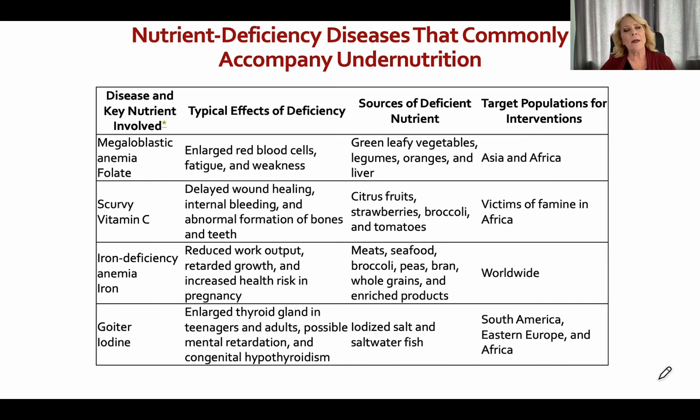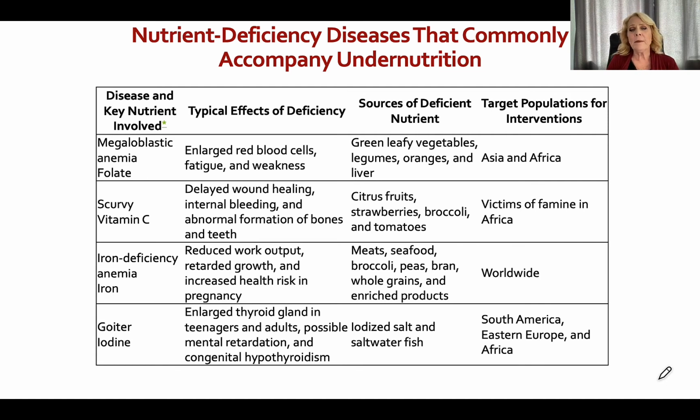And anything that is going to be affected by connective tissue growth is affected by vitamin C. So low vitamin C delays wound healing, can cause internal bleeding, problems with the bones, problems with the teeth. Again, a lot of people have access in the US to fruits and vegetables, so we don't see this in the majority of the population, just people who are not eating appropriately.